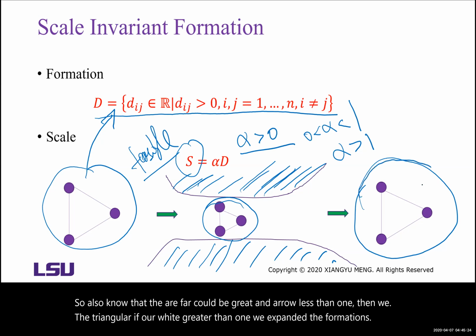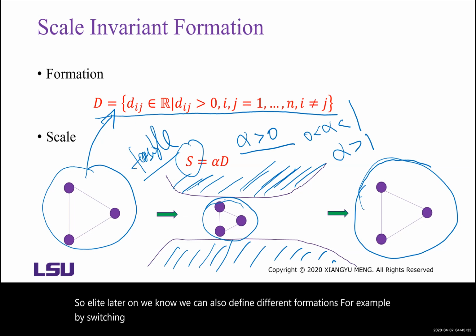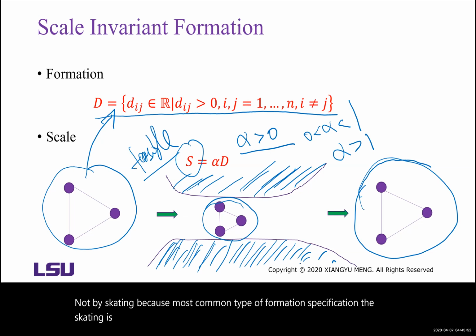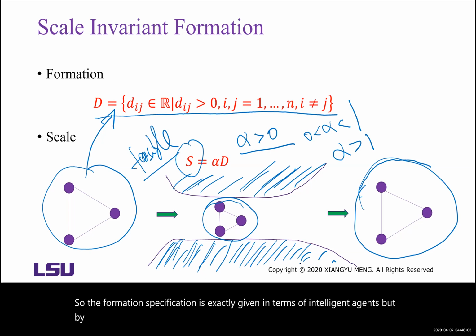Later on, we will see we can also define different formations, for example, by switching the formations when the agents are trying to pass through a narrow pathway, not by scaling, because in the most common type of formation specification, scaling is not allowed. The formation specification is exactly given in terms of interagent distances, but by scaling, the interagent distances are changed.